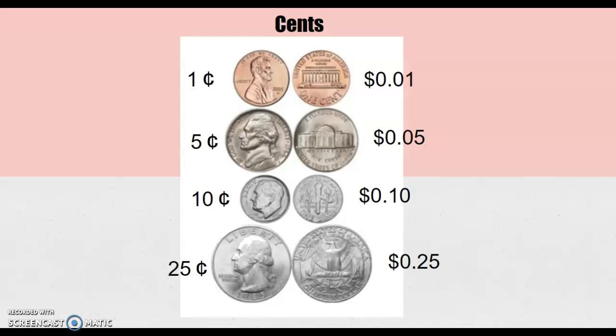But first, what I want you all to know is the amounts. So, the penny is the first coin that is listed there, and it is copper. So it's a different color than the rest of the coins. And it is only worth 1 cent. Now, the penny is not our smallest coin.